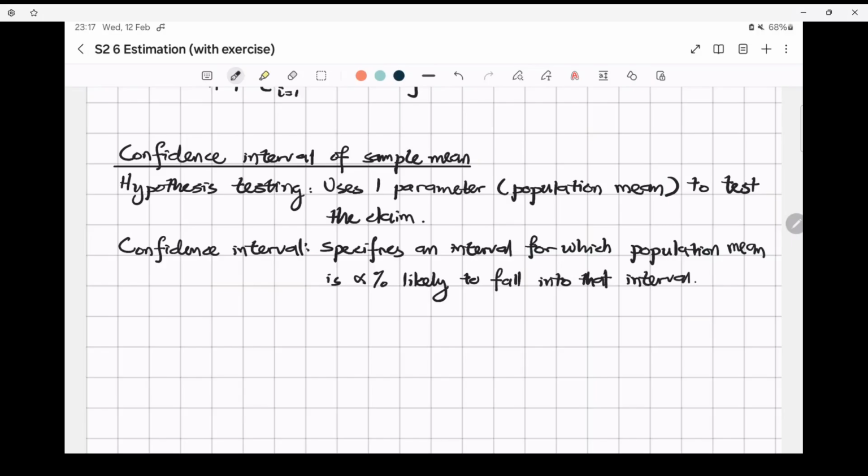So if you sample it many times, you find that your population mean will lie in that interval.